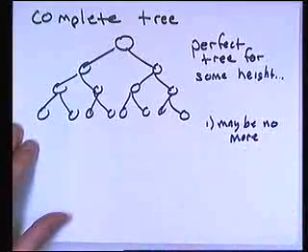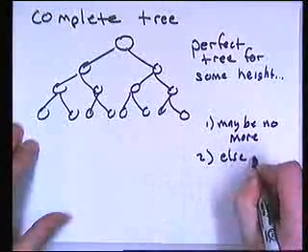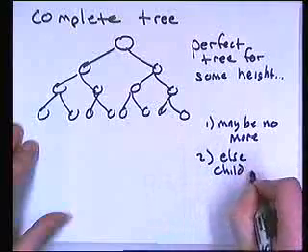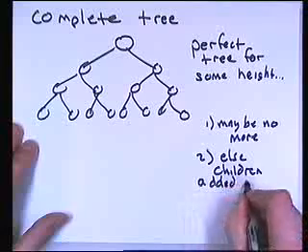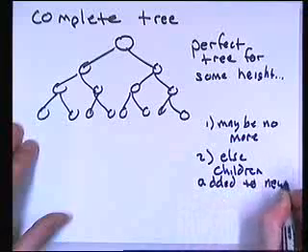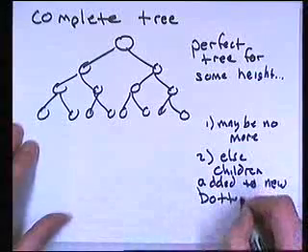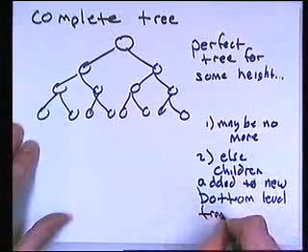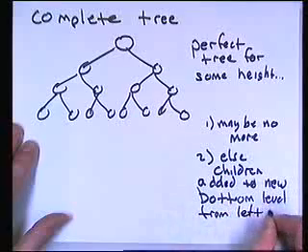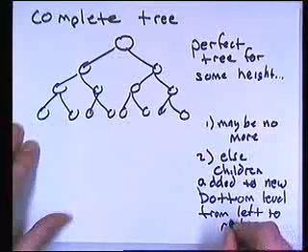So every perfect tree is also a complete tree. Otherwise, children are added to a new bottom level from left to right.